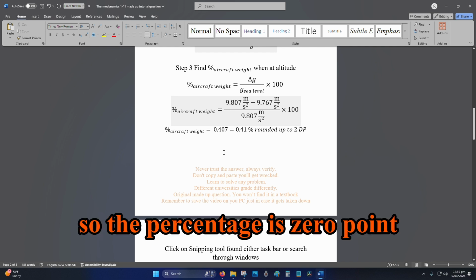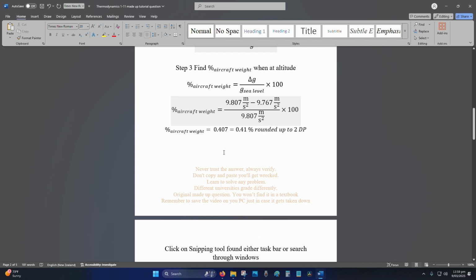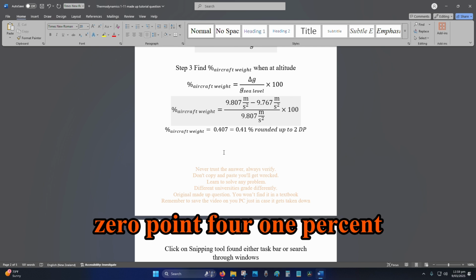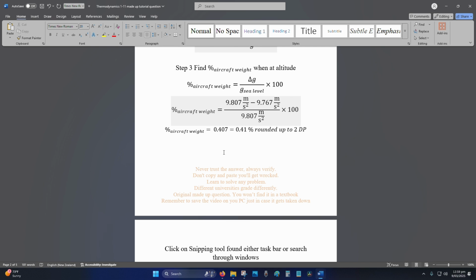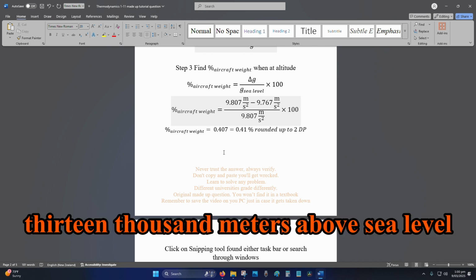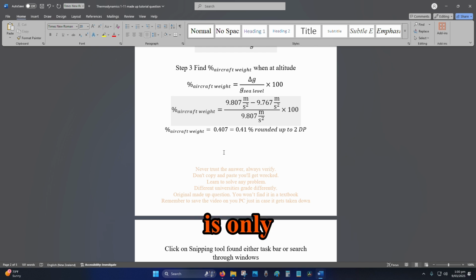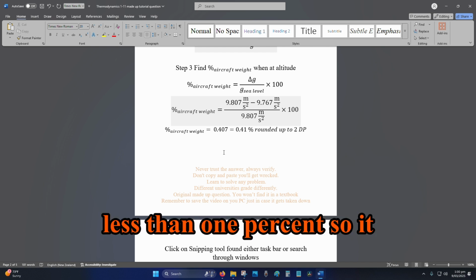So the percentage is 0.407, which is then rounded to two decimal places, which is 0.41%. So it is less than 1%. So at 13,000 meters above sea level, the difference in weight is less than 1%.